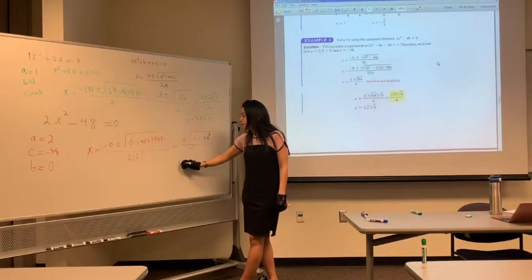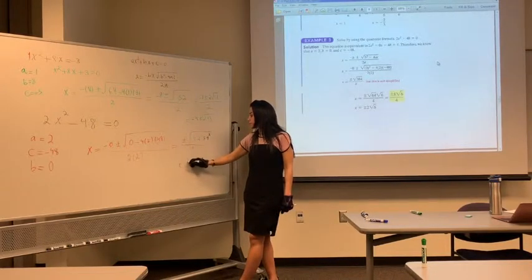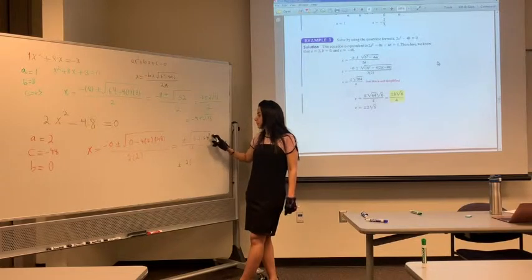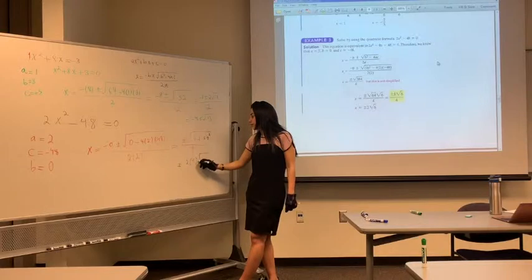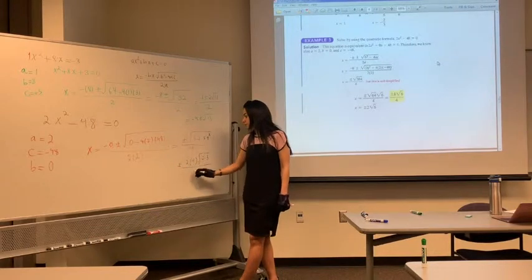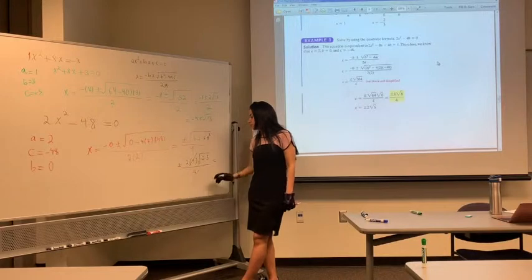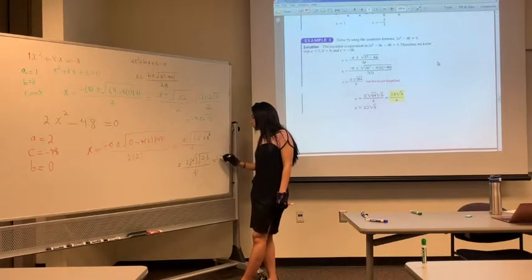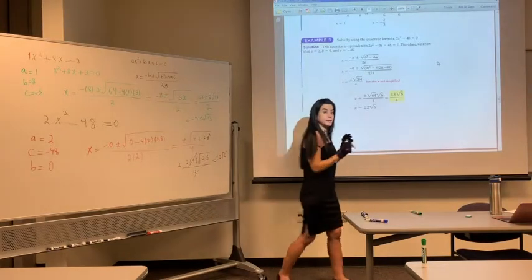Okay, so what comes out? 4 squared comes out as 4. 2 and 3 stay in the radical. This one cancels with this one. 2 radical 6. Correct.